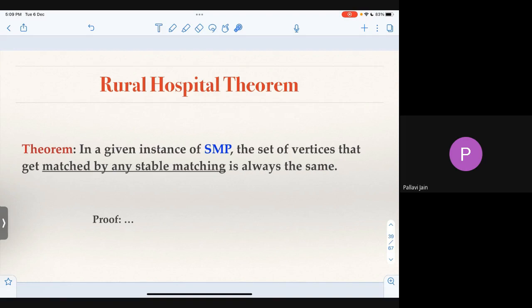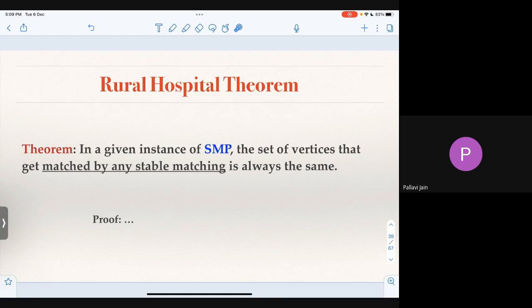So they were wondering, if we used a different stable matching algorithm, can we increase the size of the assignment? Can we give those rural hospitals more staff, or higher ranked, better quality staff? It turns out that this is impossible as long as they were using a stable matching algorithm.